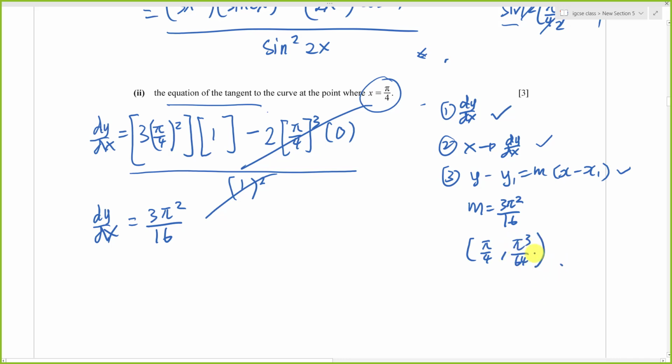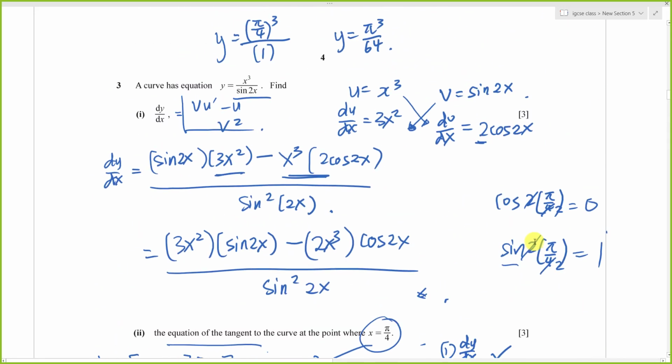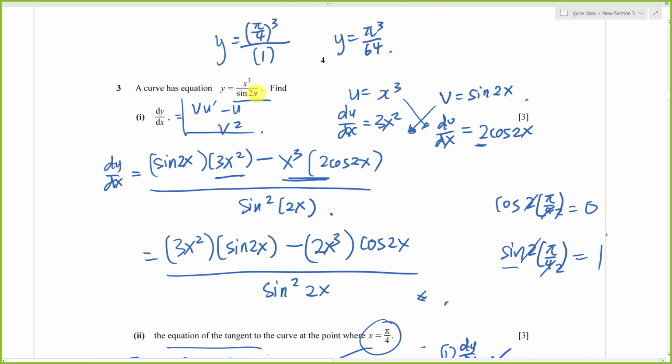How do you get pi cubed over 64? Basically what I'm doing here is I sub pi over 4 into this equation. Do you see that? Pi to the power of 3, you get pi cubed. 4 to the power of 3, you get 64, over sine 2 times pi over 4.